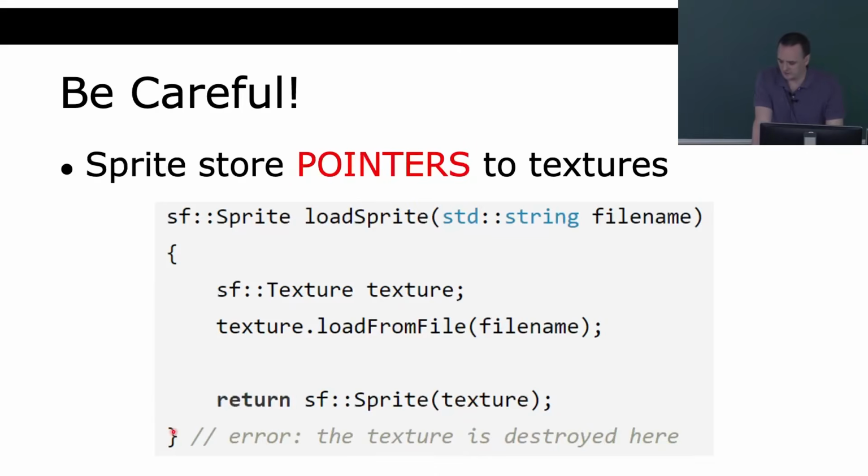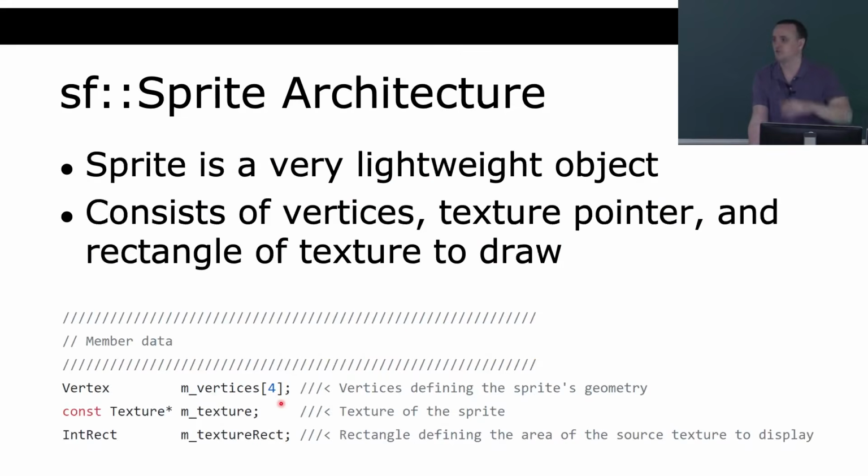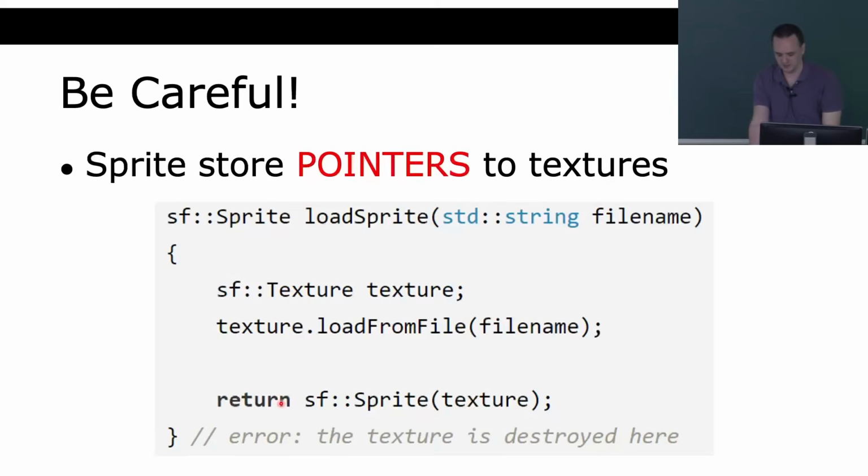As soon as this returns, this block of code exits, and what happens when we exit a block of code in C or C++? All stack allocated variables created in that block are destroyed. So their destructor is called, it frees all the memory of that texture, and now we have been returned a lightweight sprite object with a pointer to nowhere. Whatever happens to be in memory where that texture used to be is now what this sprite is referencing.